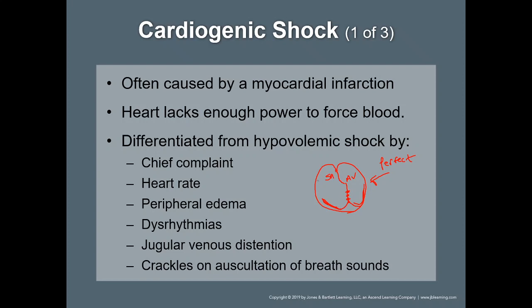Jugular vein distension, that goes back to afterload. And it's easily explained because you have your inferior vena cava returning to the right atrium. But we always leave out the superior vena cava.